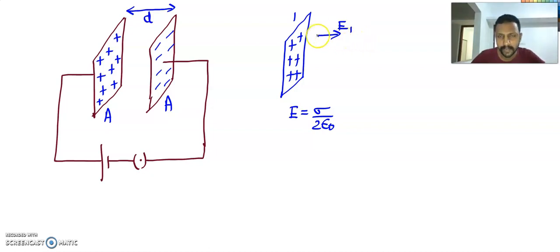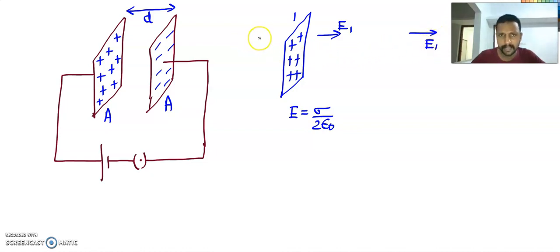That means if I am assuming a unit positive charge over here, this sheet will repel. Therefore, this is the direction of electric field intensity due to this sheet. Hope it is clear. And the direction of electric field intensity due to this sheet over here should be like this itself, and it should be E1 itself.